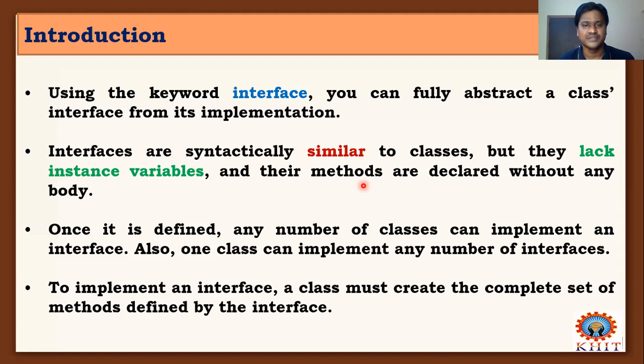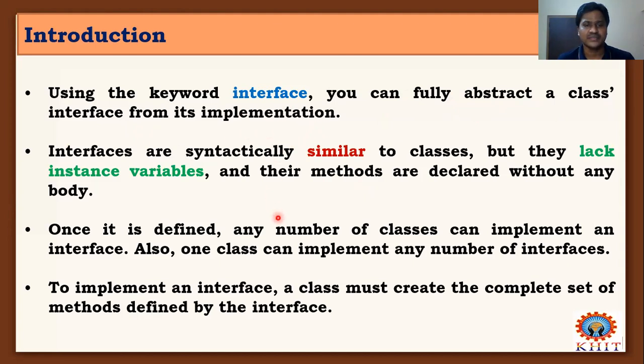In the same way here, it is a motivation to create an interface with a method, and then that method can be implemented by any class that implements this interface. So here we can fully abstract a class interface from its implementation.